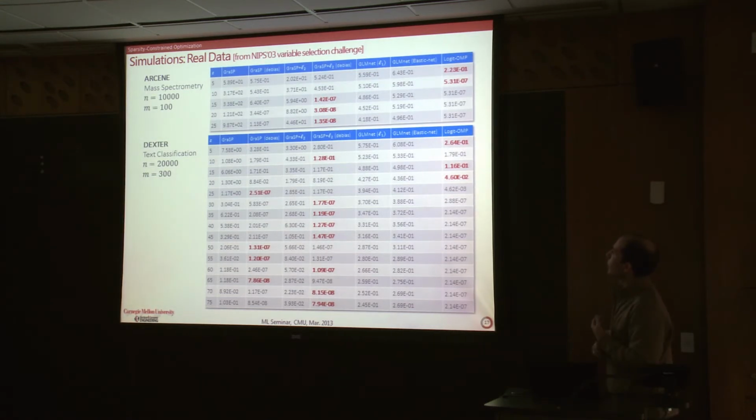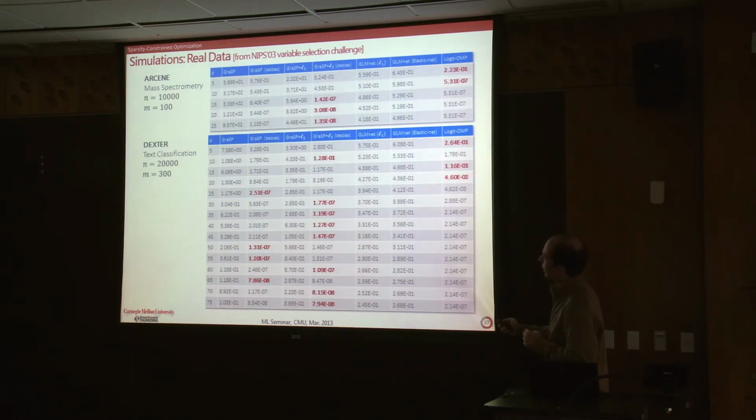So we also applied the algorithm on the same logistic regression problem on some real data from the NIPS 2003 variable selection challenge. We used the ARCENE data set and the Dexter data set.